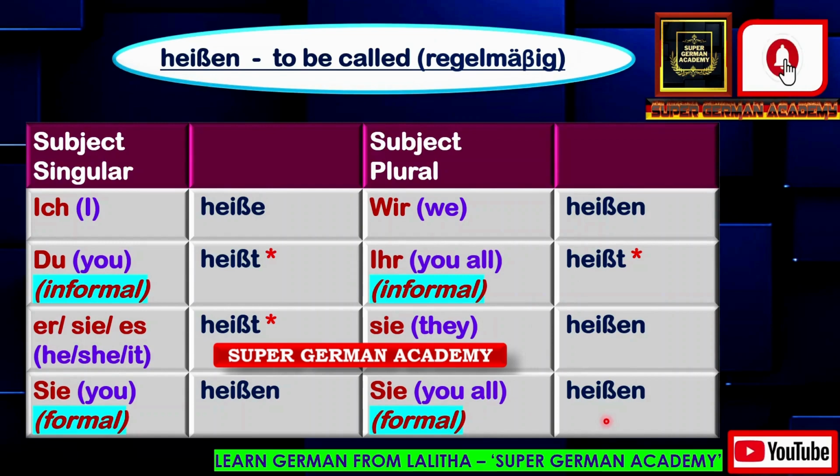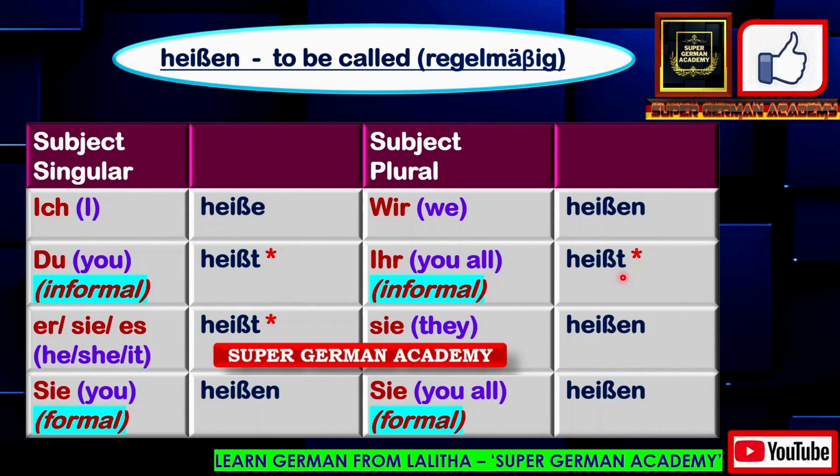So when you're speaking in a respectful way, or when you're speaking to more than one person, like we or you all, whether informal or formal, then en will come at the end. That is, in plural form it will come. And if you observe the conjugation, for du it is heißt, for er, sie, es it is heißt, and for ihr, informal you all, it is heißt.